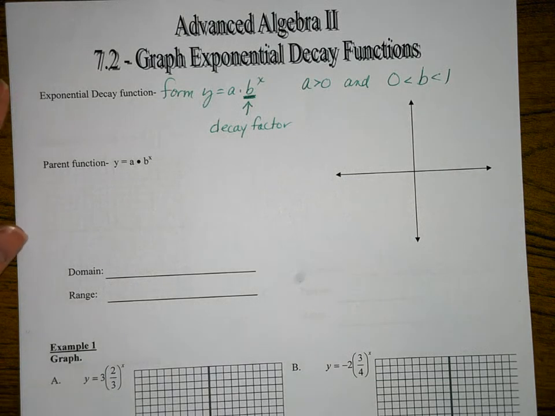All right, now, as I look at our parent function, y is equal to a times b to the x, we should know from yesterday, what does that a value do? Okay, opens it up and down, and? Beautiful.